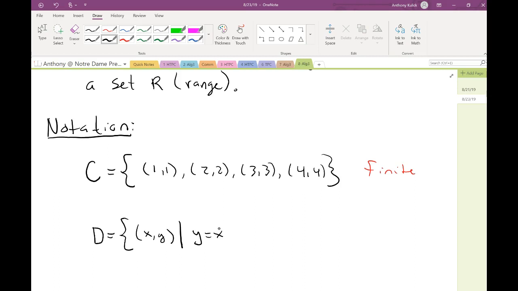Integers is correct. So the symbol for the integers is this kind of Z-looking symbol here.